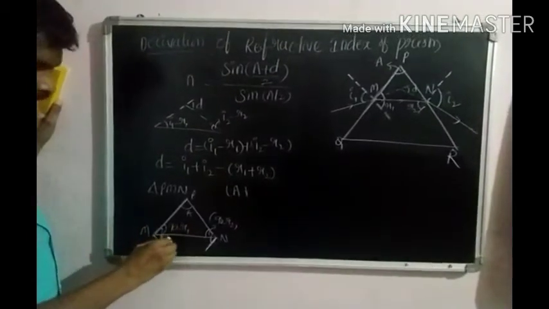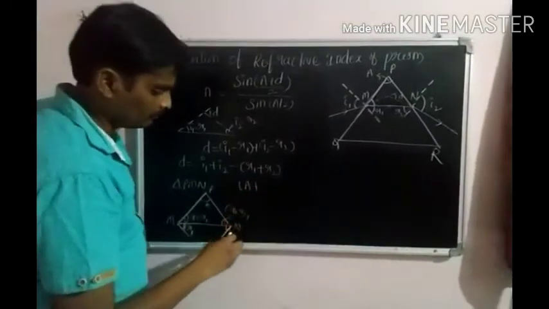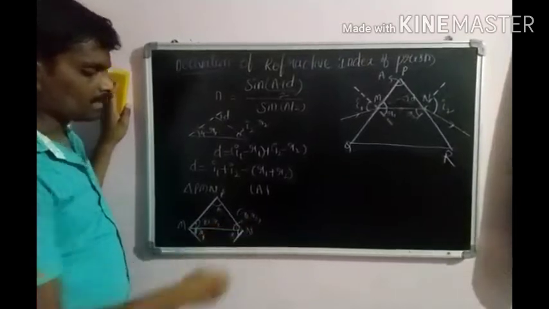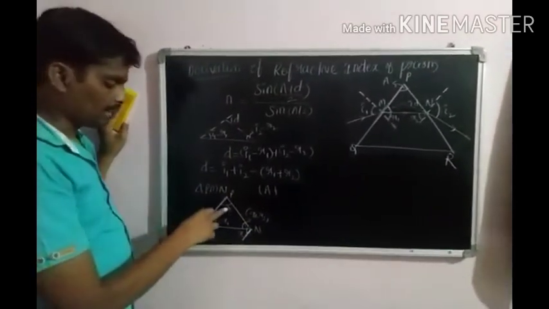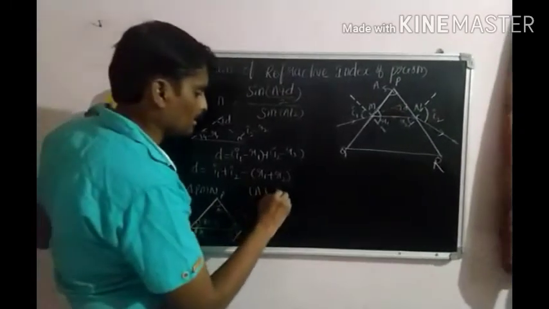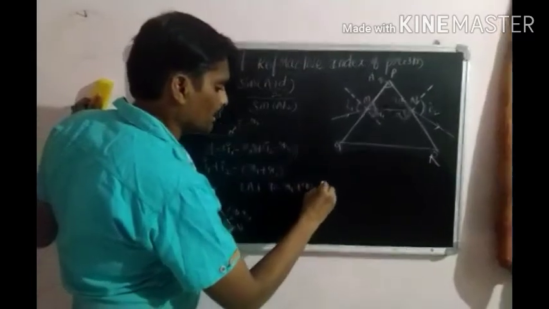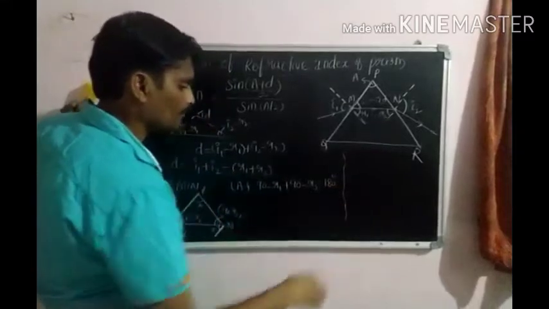Here this is R2, so this angle becomes 90 minus R2. In this triangle, the sum of three angles, A plus 90 minus R1 plus 90 minus R2, equals 180 degrees.